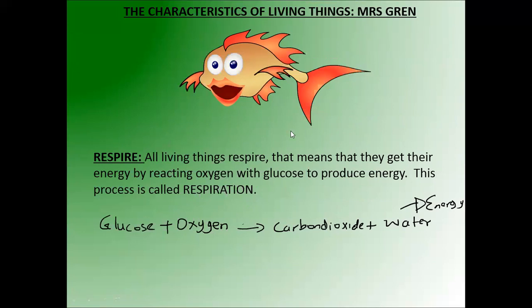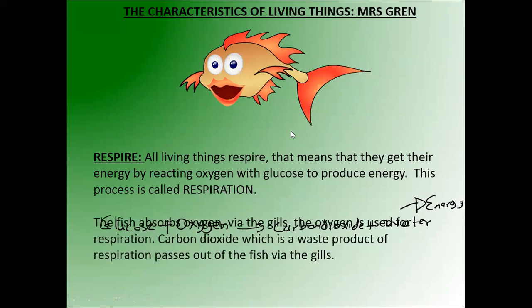And also, the fish absorbs oxygen via the gills, and it uses that for respiration. Carbon dioxide, which is the waste product of respiration, passes out of the fish through its gills.